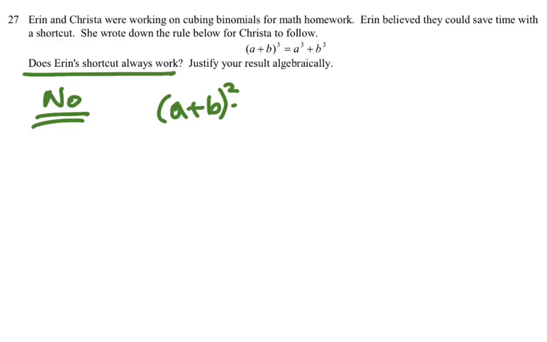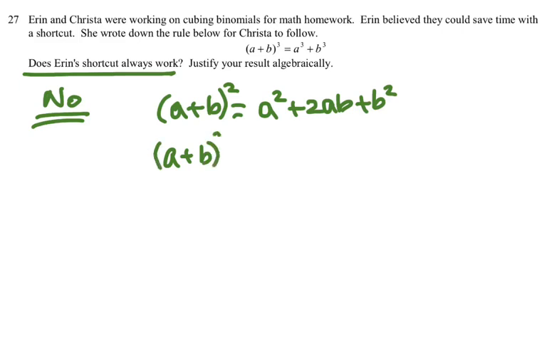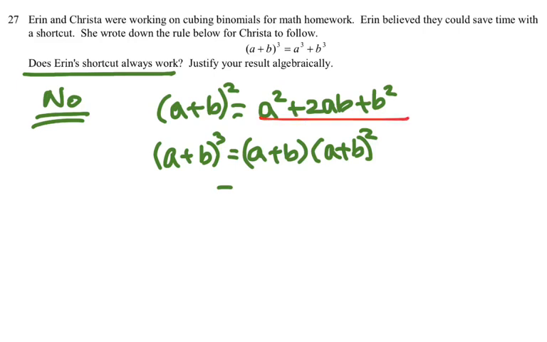We know that a plus b squared is equal to a squared plus 2ab plus b squared. Now, a plus b quantity to the 3rd power would have been essentially equal to a plus b times a plus b squared. So essentially what I'm doing is, to our previous calculation, I'm just multiplying by a plus b.